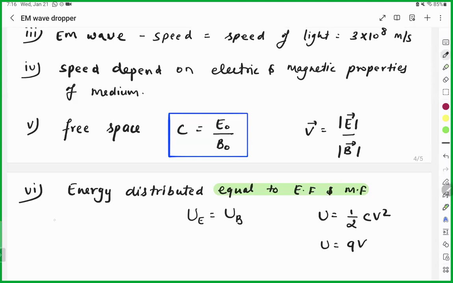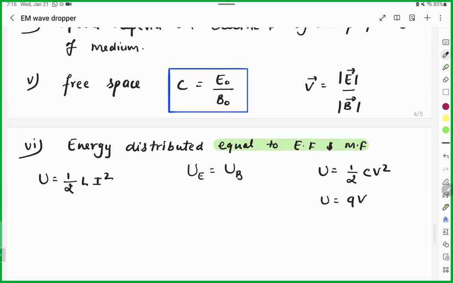Tuhina, if you consider an inductor, can you repeat? Energy of an inductor. Yes, inductor, sir. Instead of a capacitor, you have an inductor. Yes, sir, okay. So this is the main point: the energy of the electric field and magnetic field is the same.